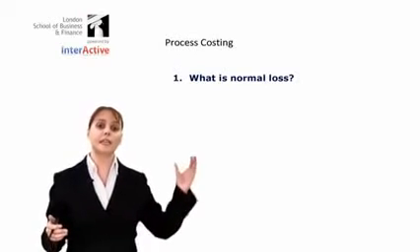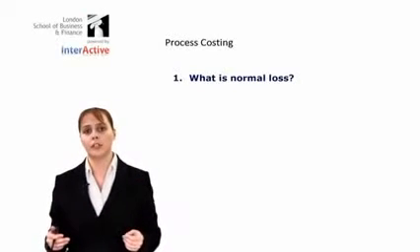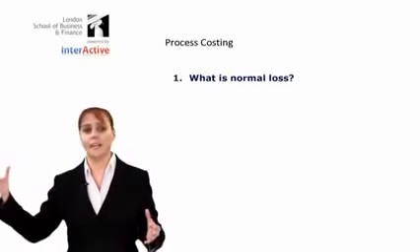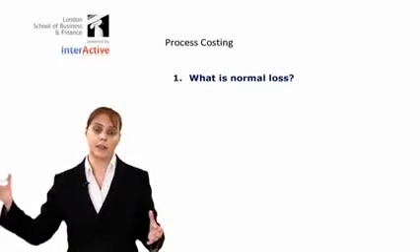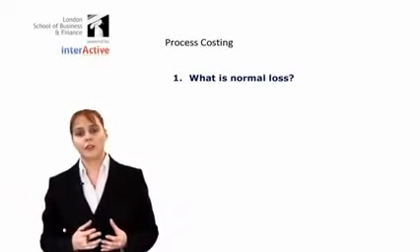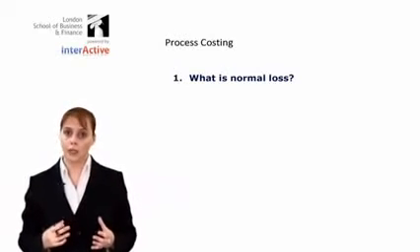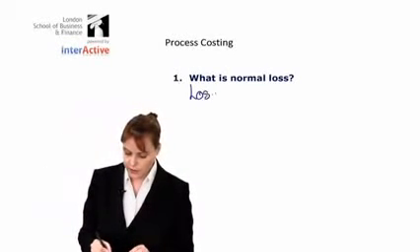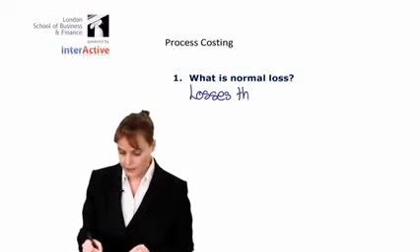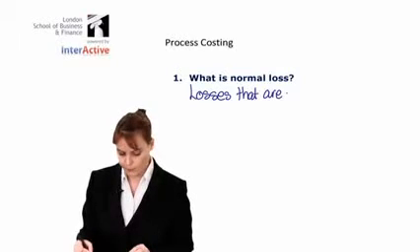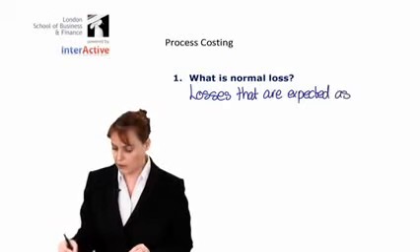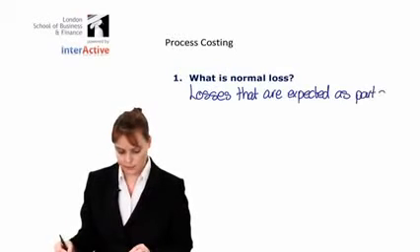So perhaps if a company inputs 1,000 units, they would expect their output to be maybe 800 units. This is referred to as our normal loss. So our normal loss are losses that are expected as part of the production process.